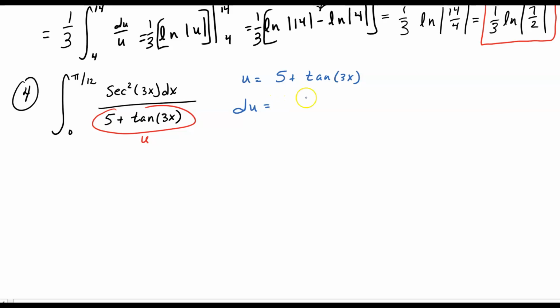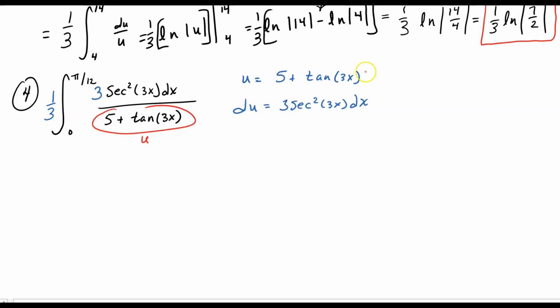The derivative of 5 is 0. The derivative of tangent is secant squared, so we write secant squared of 3x. Then we multiply by the derivative of the inside, which is 3, and we write our dx as well. The only thing I seem to be missing is a 3. So I'm going to write my 3, and by consequence, on the outside, a 1/3.